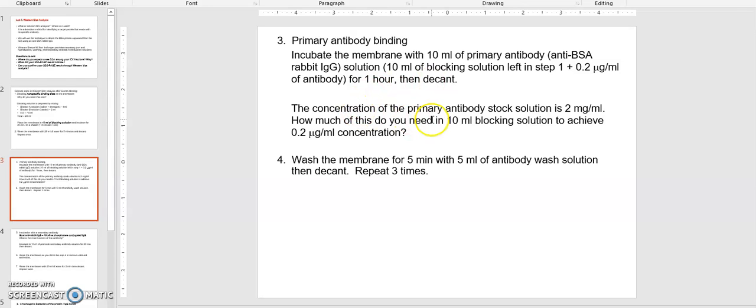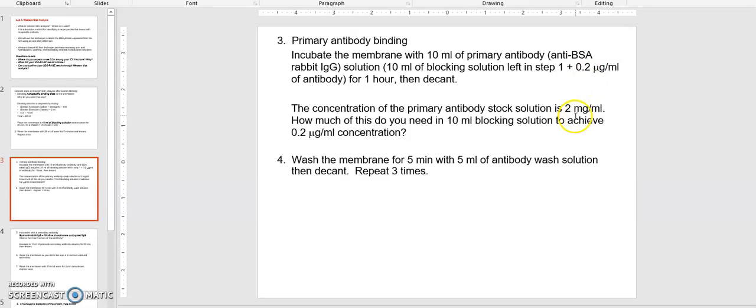The concentration of the primary antibody stock solution is 2 milligram per ml, which is the same as 2 microgram per microliter. Then how much of this do you need in 10 ml blocking solution? In every 1 ml you need 0.2 microgram. So in 10 ml how much do you need? You need 10 times that, which is 2 microgram.